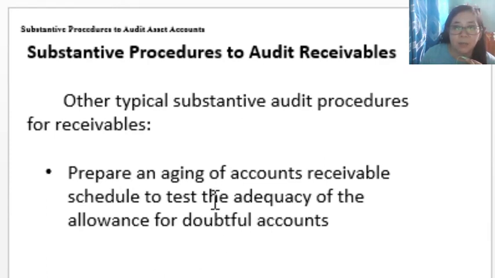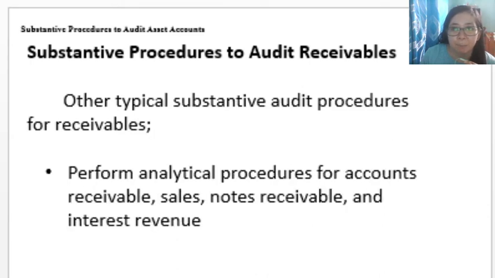In the aging of accounts receivable, the auditor can see the balances of the customers which have been outstanding for a long period of time already, and what the entity does about it to collect such amounts, or if these amounts are already uncollectible or to be considered as bad debts, and should be transferred to an expense account, so the accounts receivable will be written off properly.